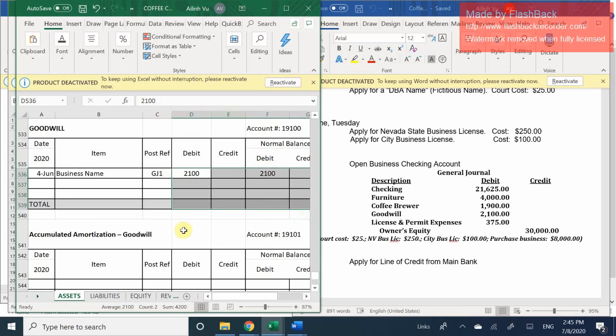Are you doing that in your ledger or in your journal? This is my general ledger. In your general ledger, your PR is going to be the page number that you put it on in your general journal. I'm looking for my general journal and copying it onto the general ledger.